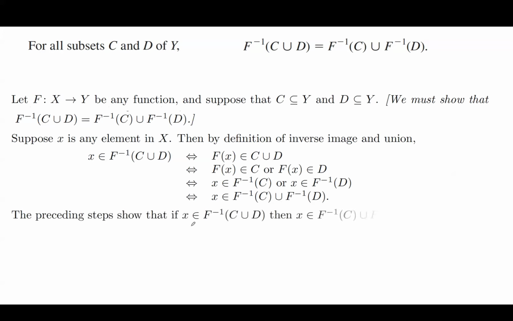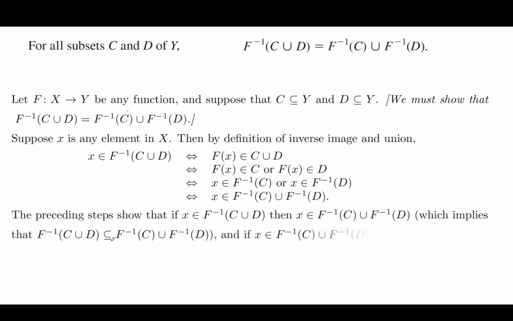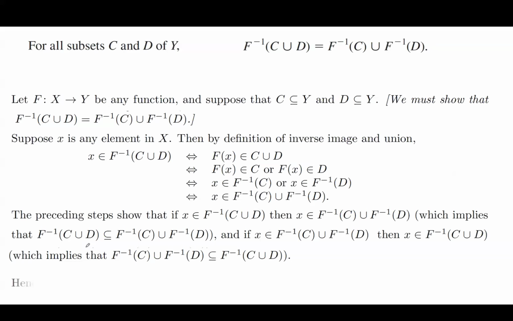So we just showed that if x belongs to the inverse image of C union D, then you can conclude that x belongs to the union of these two sets, which implies that inverse image of C union D is a subset of the inverse image of C union inverse image of D. And of course, if you take any element in inverse image of C union inverse image of D, we can easily show that that element lands in inverse image of C union D. So we basically prove both sides.